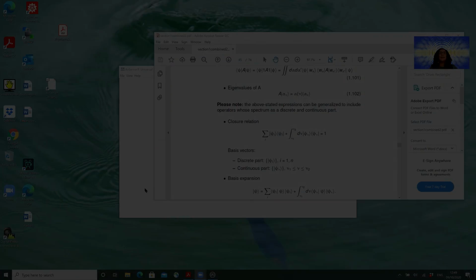Now, two very important continuous basis sets that you are going to use your whole life, or you have already been using, are the position and the momentum representations. So we're going to see those.